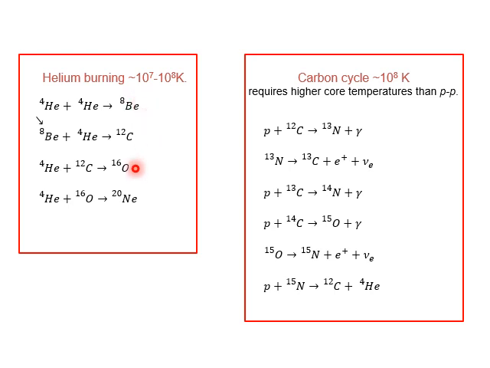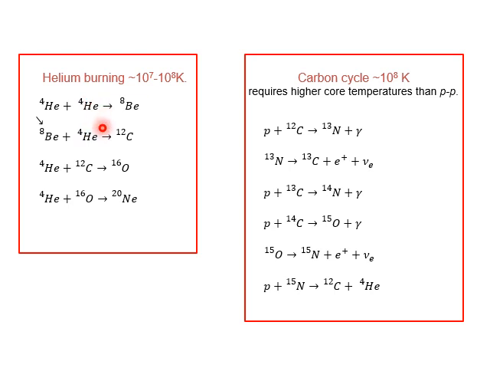So we can continue, but it turns out that as we increase the charge on the nuclei, the Coulomb barrier gets bigger and bigger, and the tunneling probability decreases exponentially as the barrier gets higher.